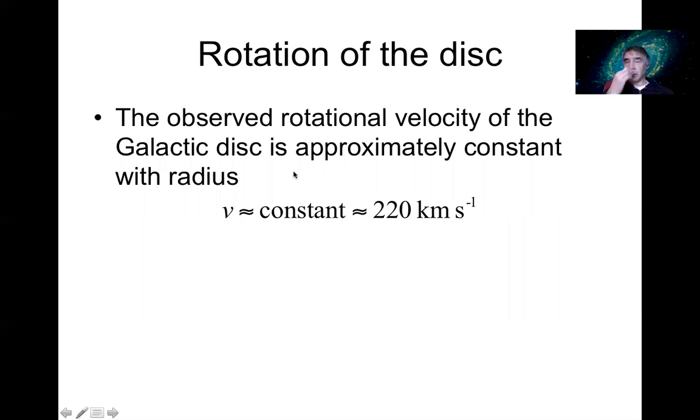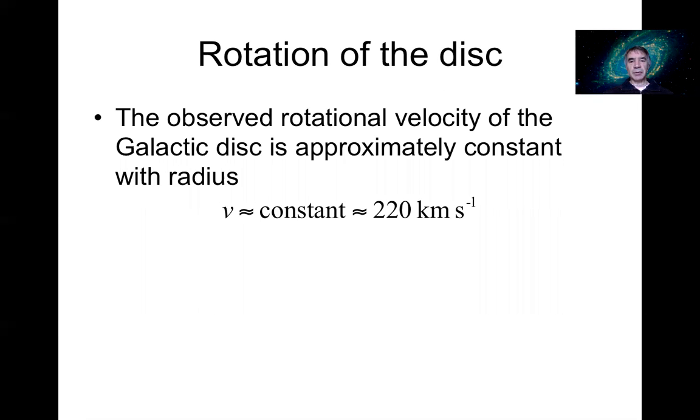By looking at the radial velocities of objects all around us, we can piece together, bearing in mind that the sun itself is rotating around the galaxy, so you have to take that into account when you only measure the relative radial velocity between us and whatever object we're looking at. But you can do that all the way around the disk of our galaxy and put together a model of how our galaxy is actually rotating.